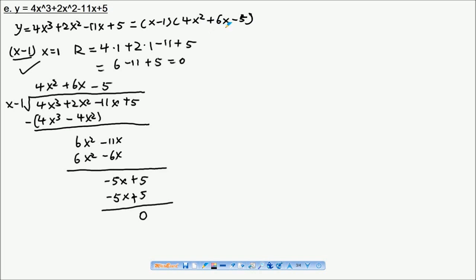We leave the cubic equation like this, and we try to find its intercepts first. So x equals 0 for the y-intercept, which is, we substitute x equals 0 in, we will have y equals 5. So this is our y-intercept.